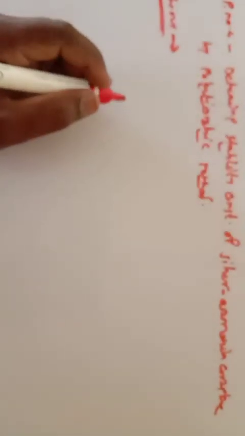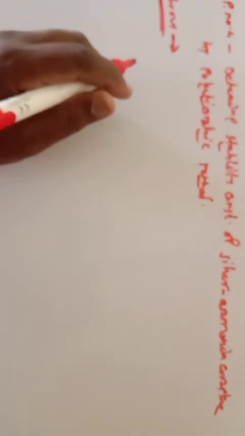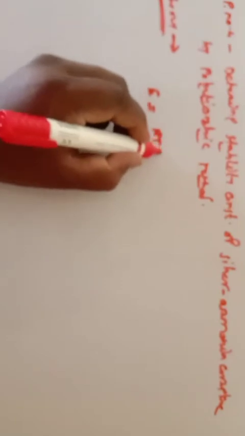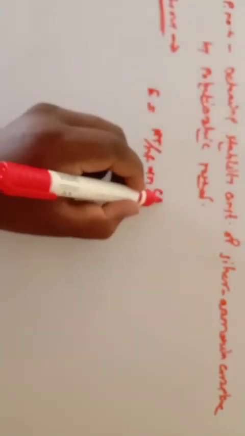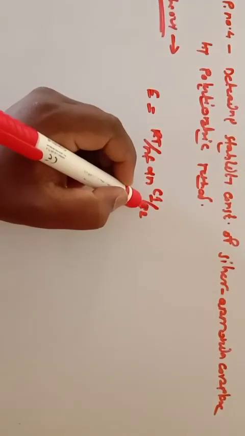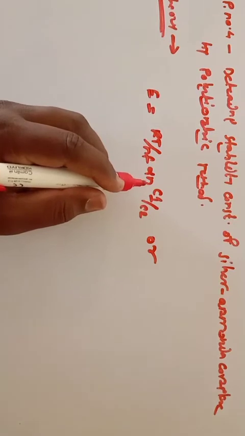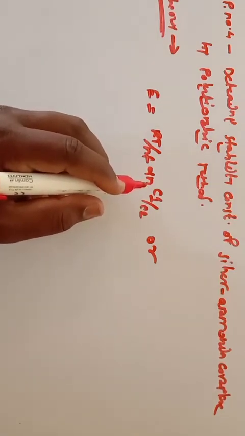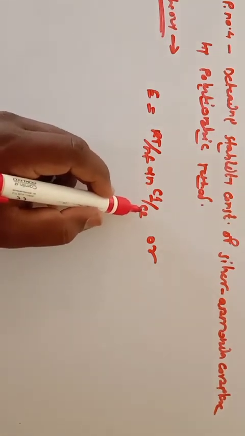For potentiometric technique, we determine the EMF, that is electromotive force, of these cells, and the EMF is given as E equal to RT upon nF ln of C1 by C2, that is, the concentration of known silver ions in AgNO3 and the concentration C2, that is, the concentration of silver ion in complex.